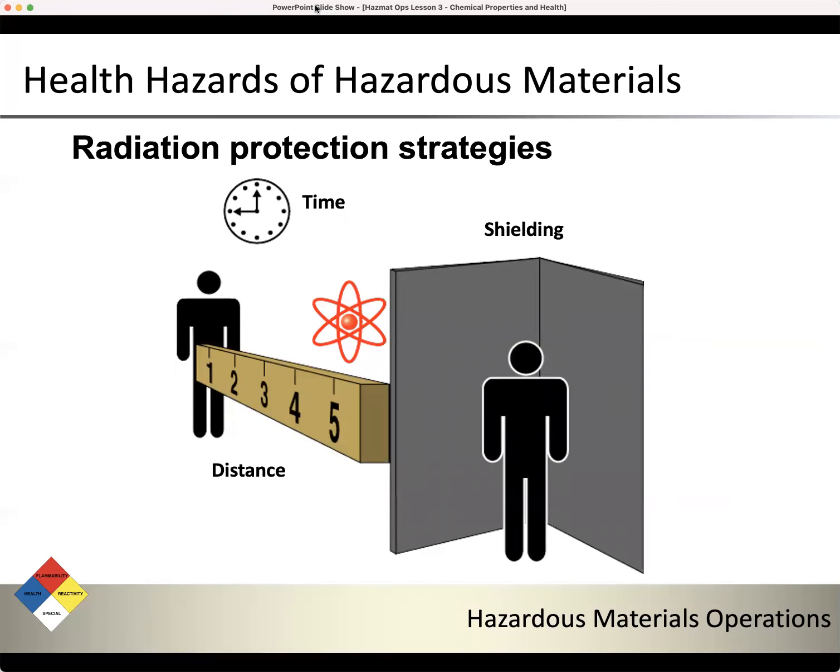All right, so radiation protection strategies. Most of the time, these three methods are used in relation to radiation. However, you can use these three protective methods to protect yourself from any hazard, whether it be radiation, a chemical hazard, or a hazardous relationship.